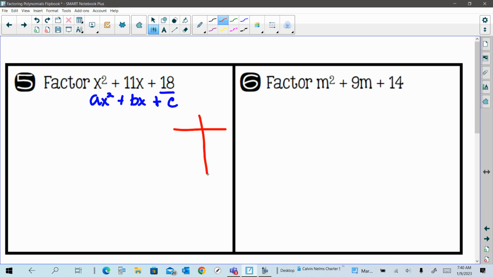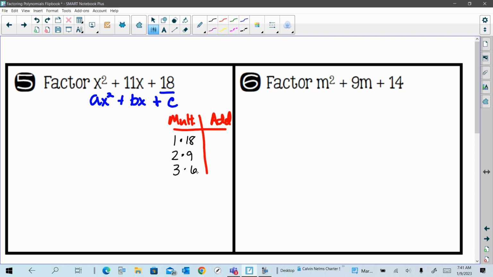We want to find multiples, so I'm going to multiply and add. I'm looking at multiples of the last number, which is 18. If I list them, that would be 1 times 18, 2 times 9, 3 times 6.